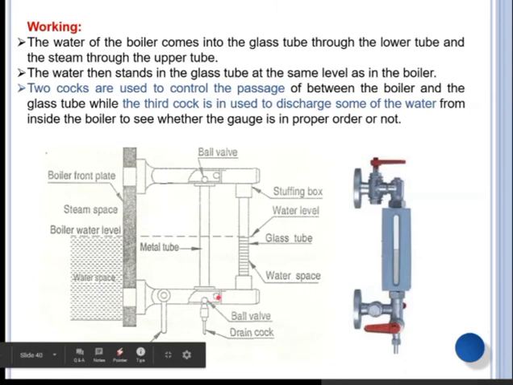When it is moved over here, this pipe is closed. The bottom pipe is closed from here, and water cannot move to this water tube, the glass tube. So we can say your water now comes to this metal tube, because this valve is open and the ball has moved from here to here.